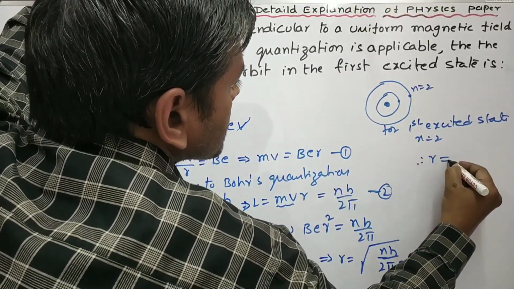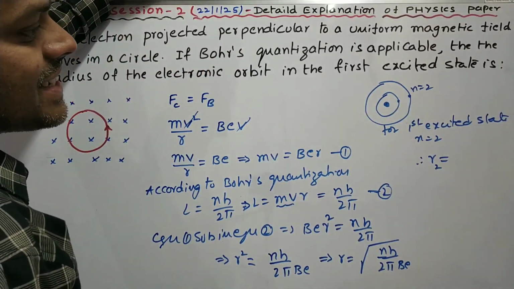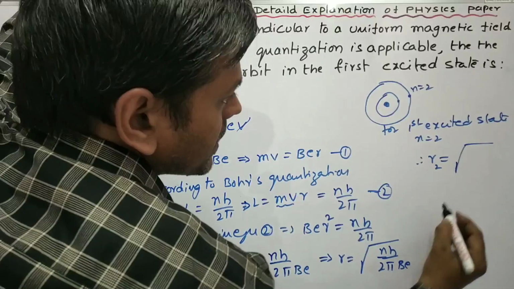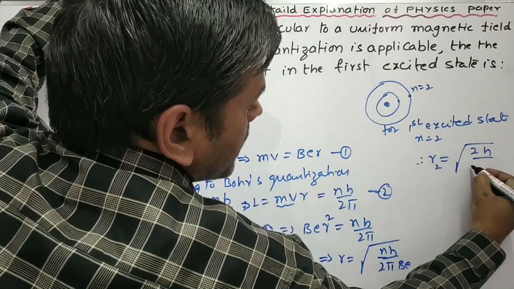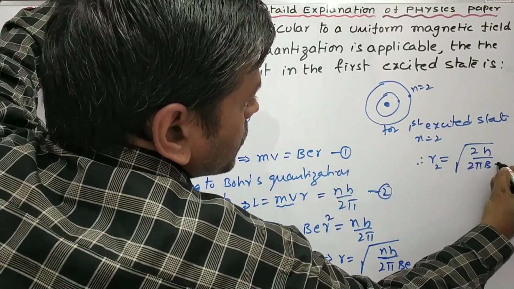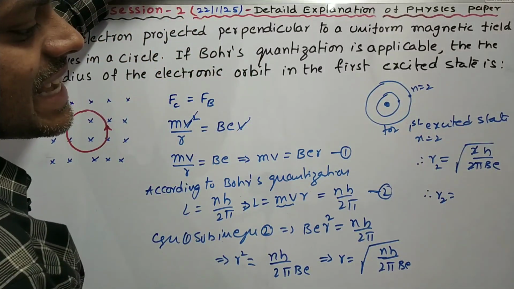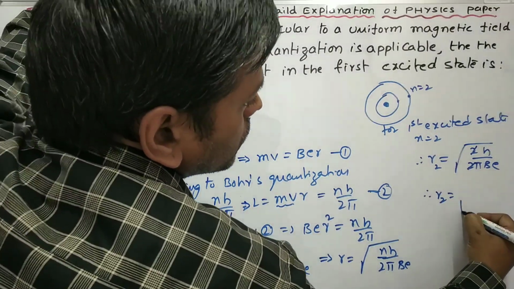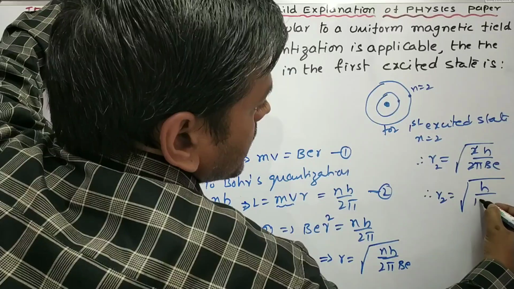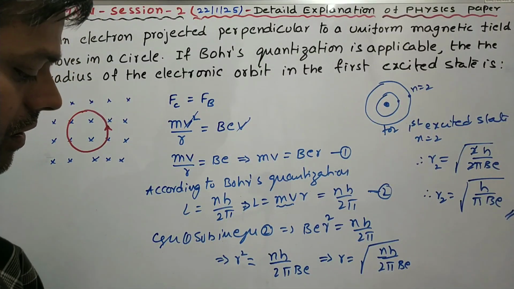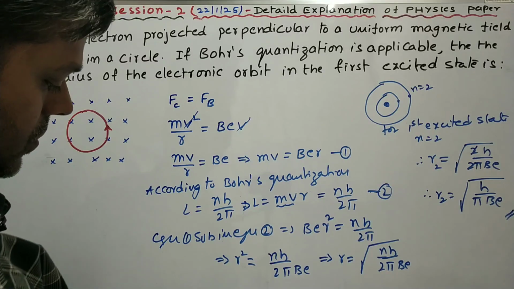Therefore, the radius of an electron in the first excited state, R2, is equal to, replacing n by 2, 2h by 2 pi B into e. This cancels. Therefore, the radius of the first excited state, R2, is equal to h by pi into B into e. This is the answer for this question.